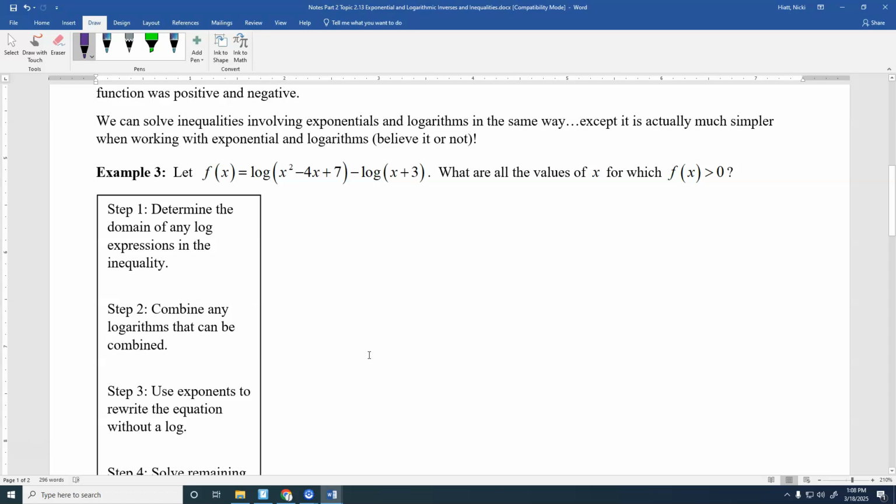But the first thing you want to do when you're solving a log inequality, and in this case, we want to know where f of x is greater than 0. So the inequality we're solving is log of x squared minus 4x plus 7 minus log of x plus 3 is greater than 0.